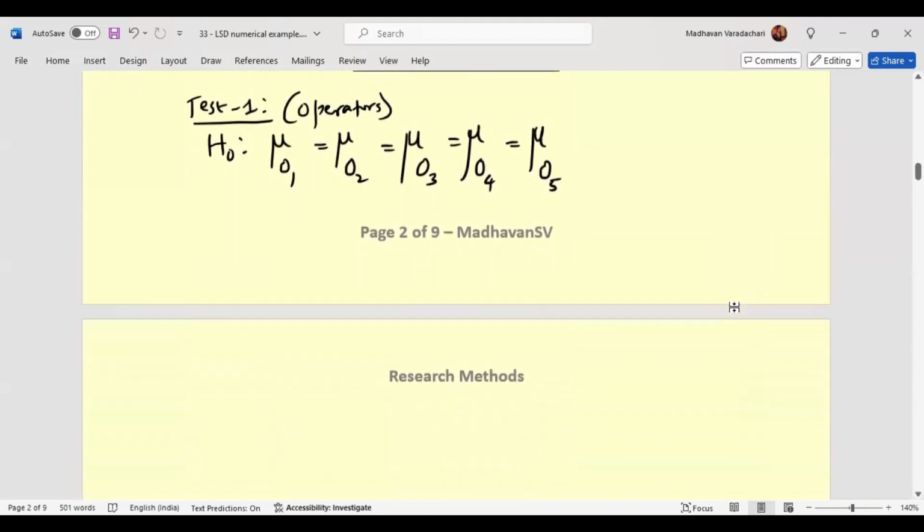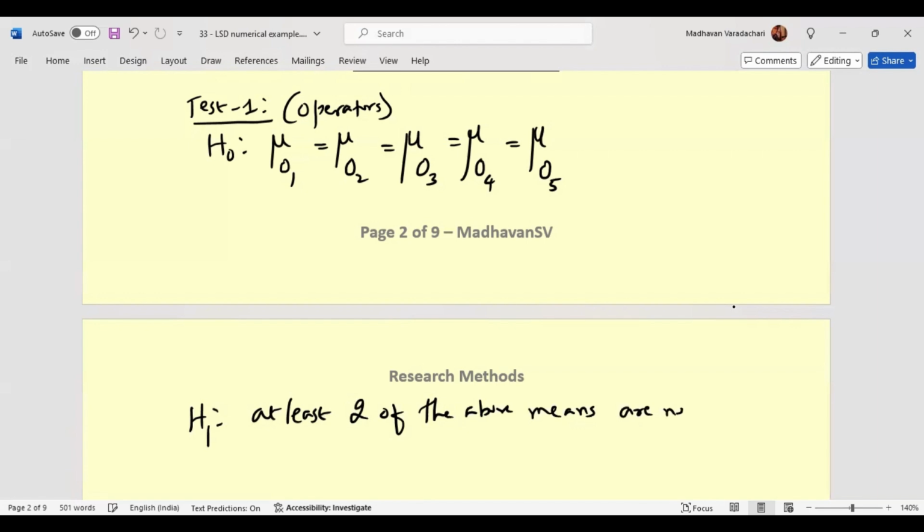Then the alternative hypothesis will be that at least two of the above means are not the same or not equal.